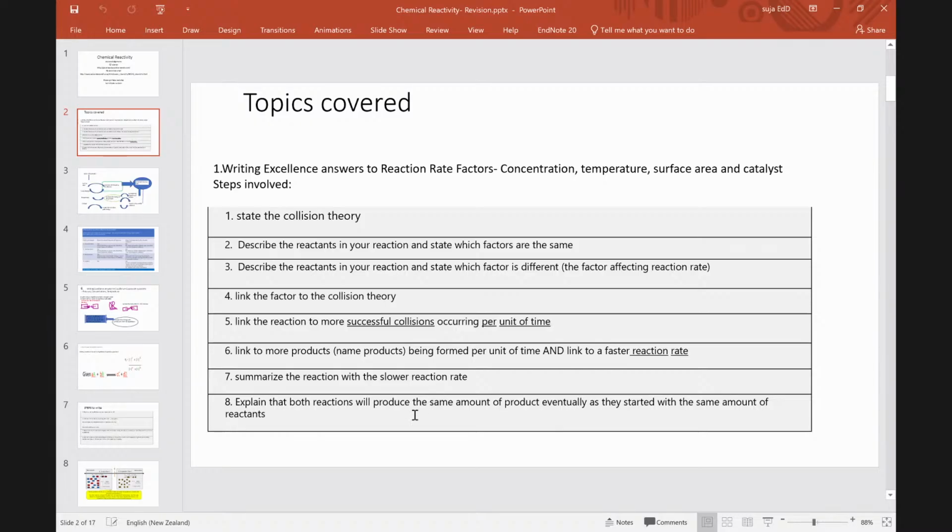And remember that when a reaction finishes, whether it is a fast reaction or a slow reaction, the amount of product formed will be the same because there were the same number of reactants which form the product. So there will not be any change in the amount of product, except the time taken will increase or decrease.